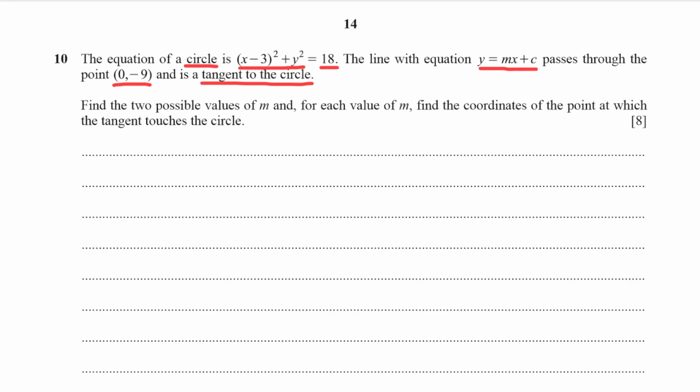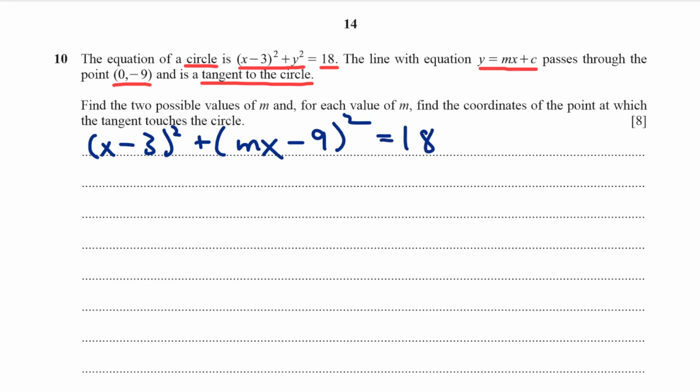But now we need to substitute y = mx + c into the y over here, and then we can solve for x, and then potentially we can solve for m using a special discriminant rule. So we have (x − 3)² + (mx − 9)², because c equals −9, we established that, equals 18.